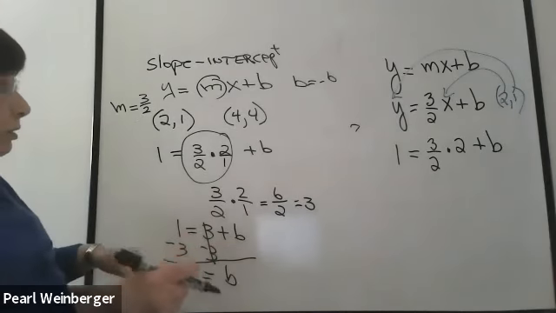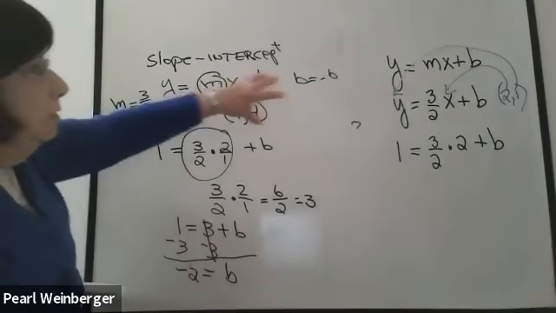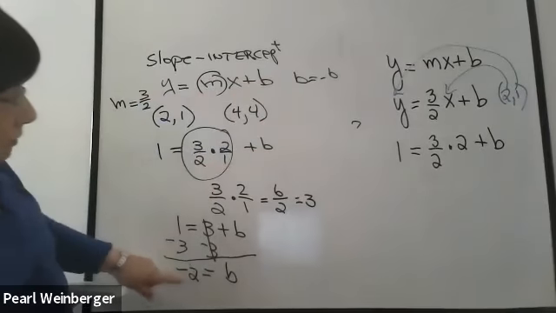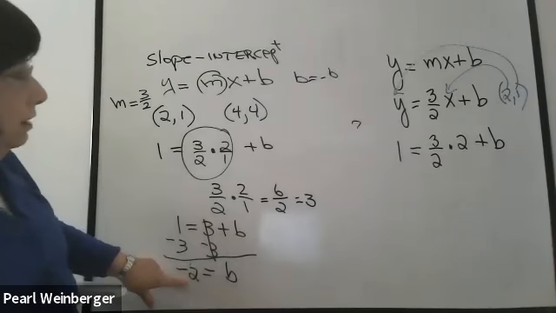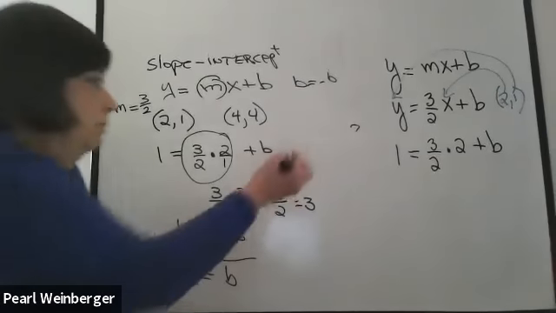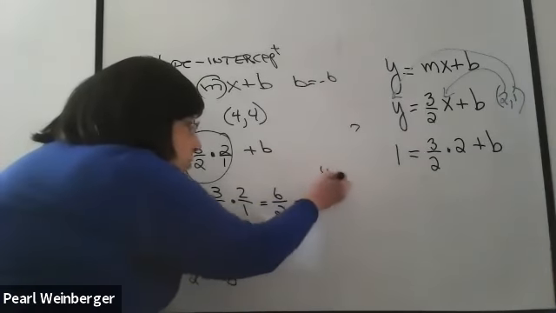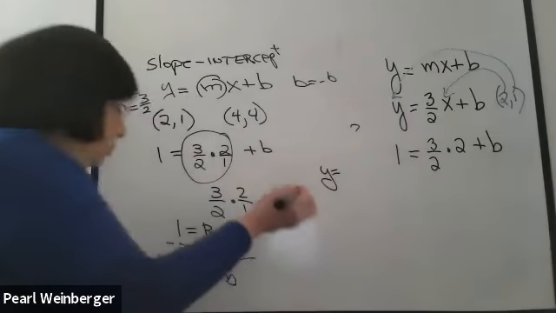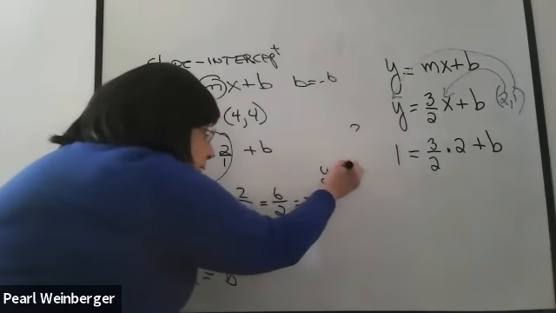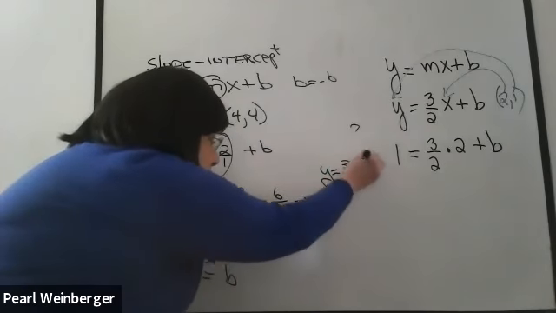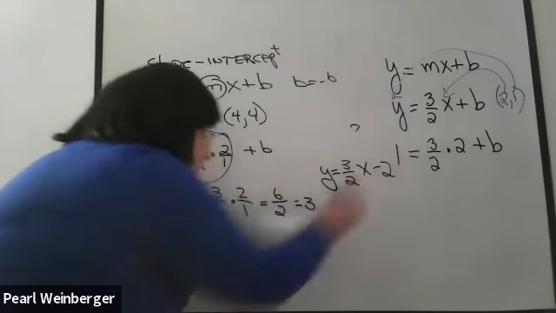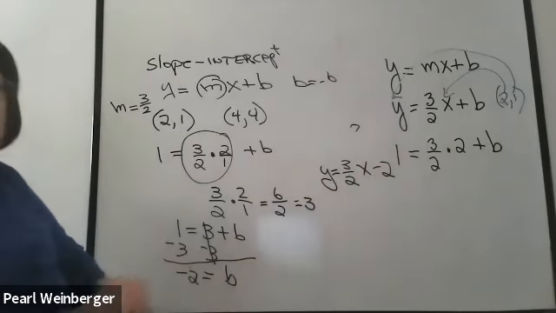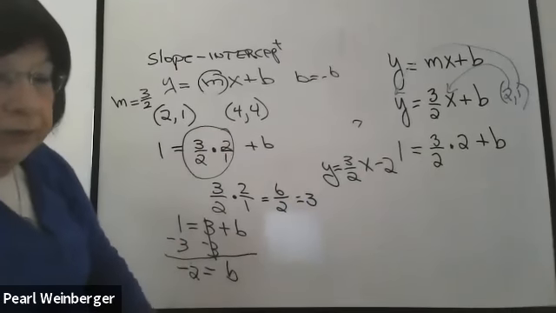In other words, by just sticking the numbers into the equation, I was able to find that my y-intercept was negative 2. And that means that my whole equation became y equals 3 over 2x, because my slope was 3 over 2, minus 2, because I figured out that my y-intercept is negative 2.